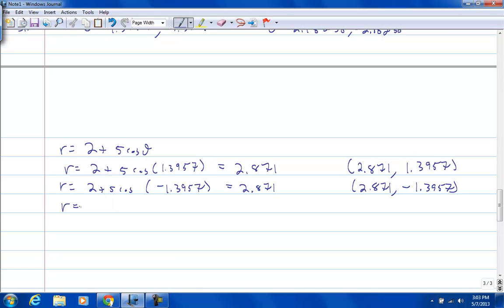And then we have R equals 2 plus 5 cosine of 2.18238. And that's going to be negative 0.8708.